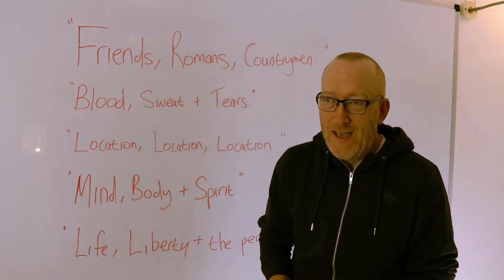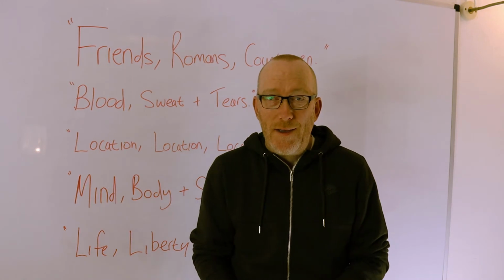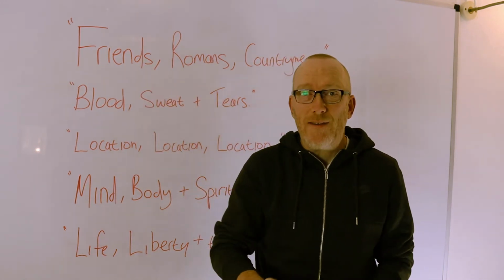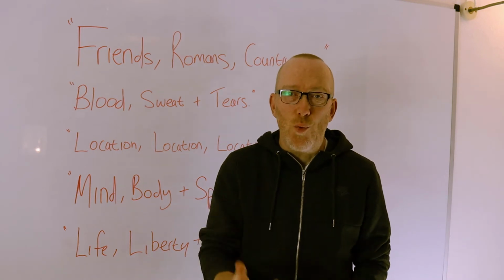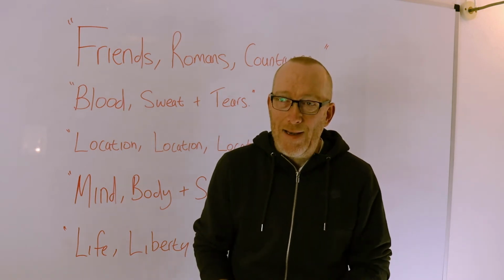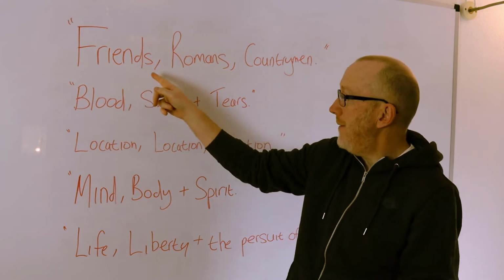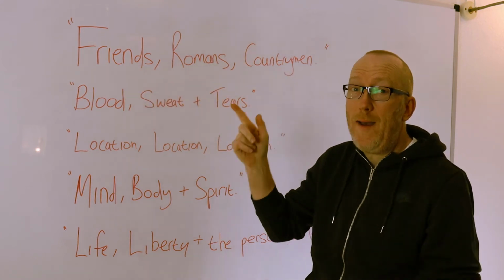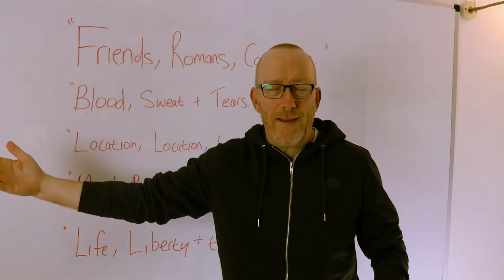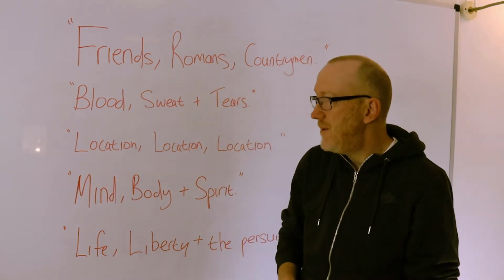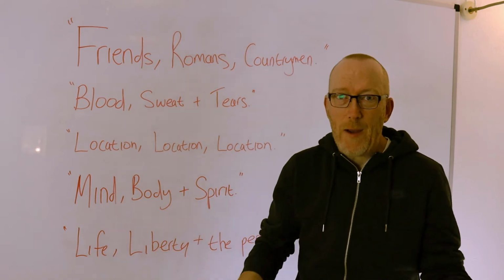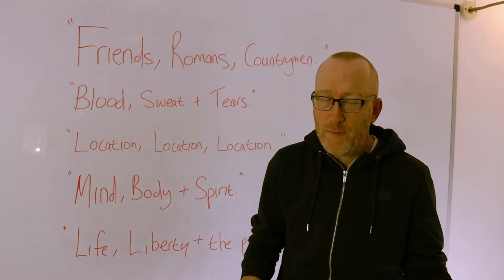Our first is part of a speech written hundreds of years ago by a famous writer called William Shakespeare, and he wrote, "Friends, Romans, countrymen, lend me your ears." This was written for the character of Julius Caesar in one of his plays.